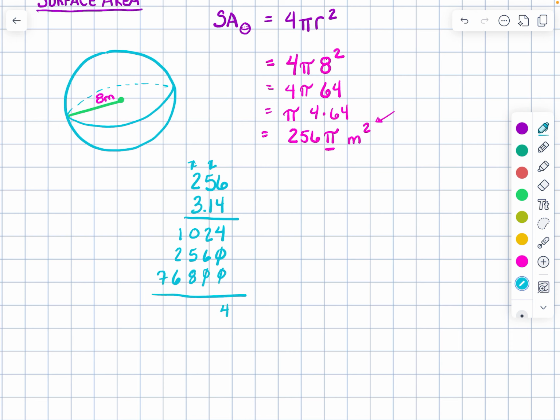So now we have 4, 8, 13, 6, 7, 8, 9, 10, and 8. And we need to deal with the decimal, so we're going to bring it over 2. So now we have 803.84 meters squared.